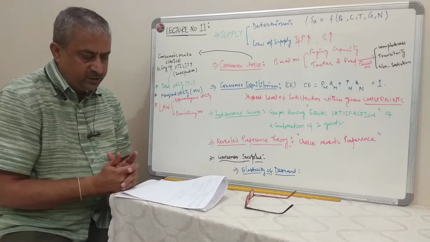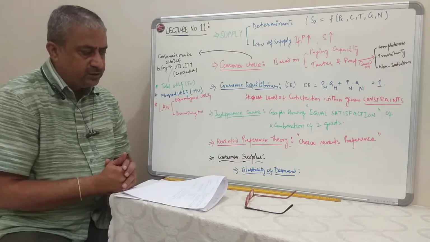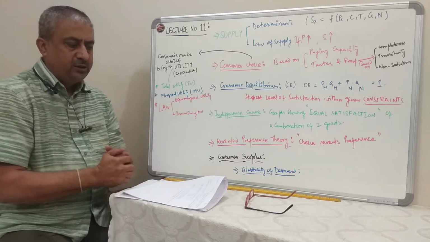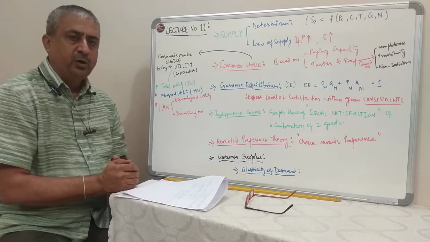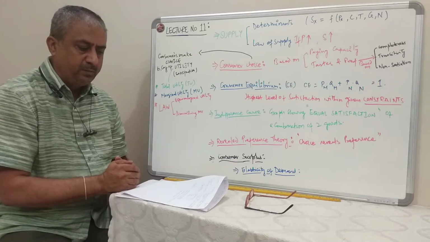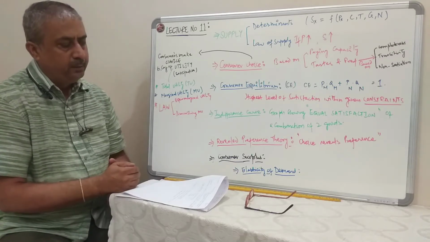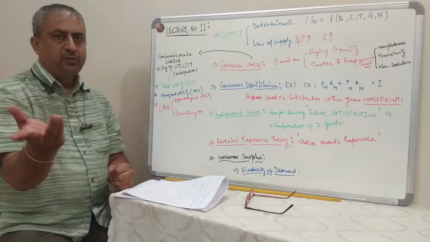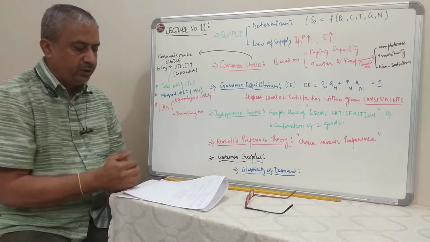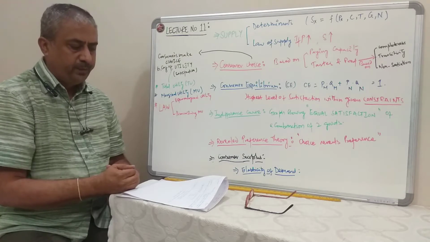And elasticity of demand is the change in the demand of the commodity due to changes in price, income, preferences, or prices of substitutes.